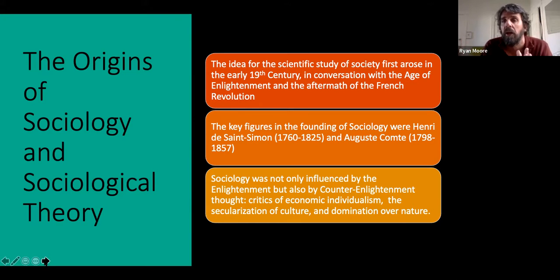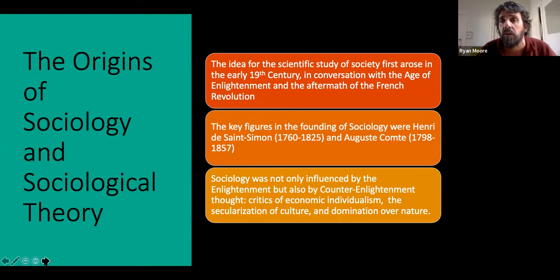That's, in part, why some of the earliest founders of sociology were French. They're wrestling with the intellectual and political legacies of the Age of Enlightenment and the French Revolution, and then trying to take these scientific ideas and apply them to the study of society.